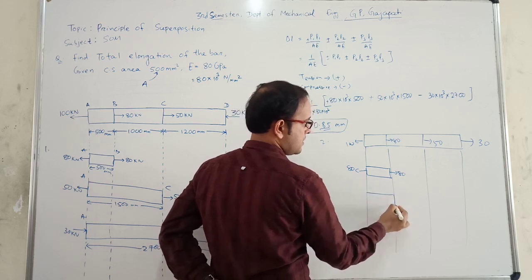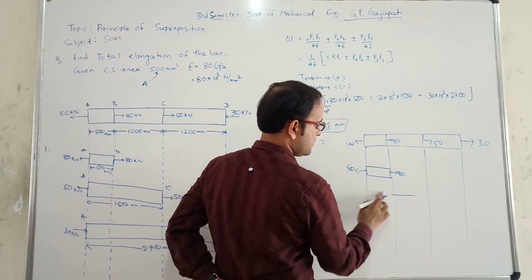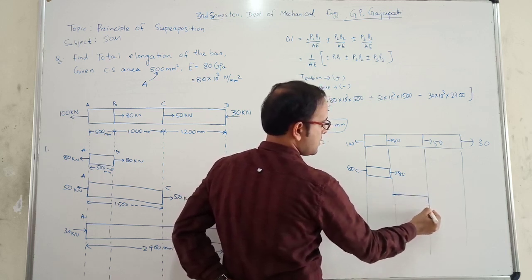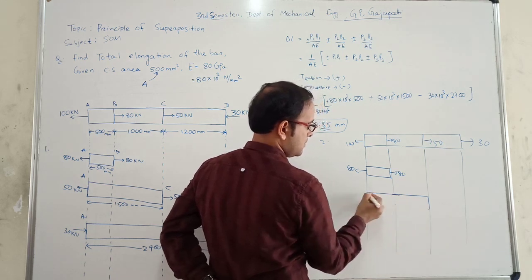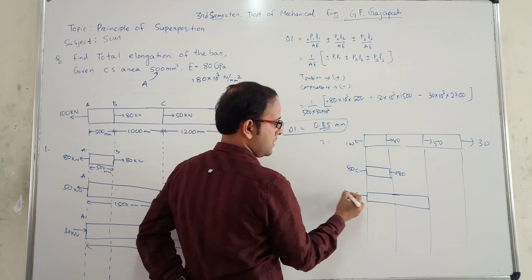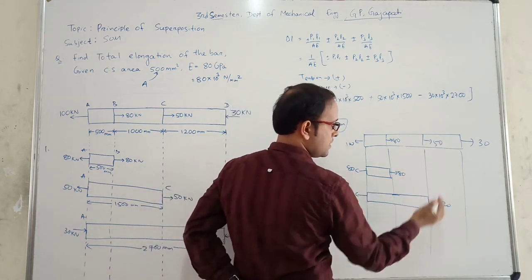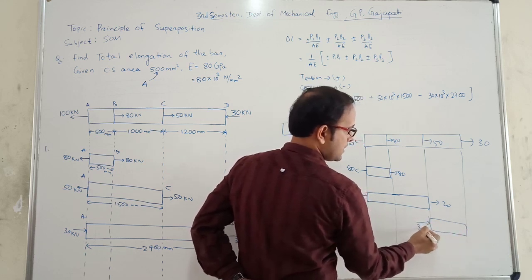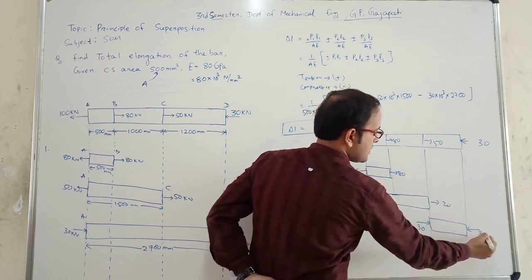Then this section once again. If I apply 20 here, 20 will be here. So at section 30 is needed. So if I apply 30 in this direction, 30 will be in this direction.